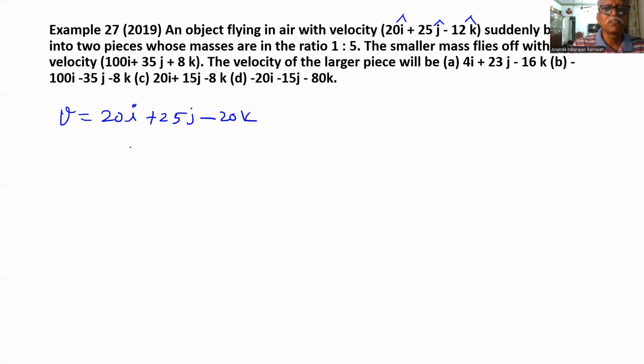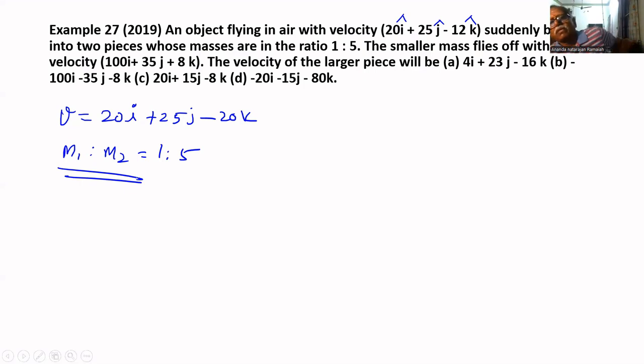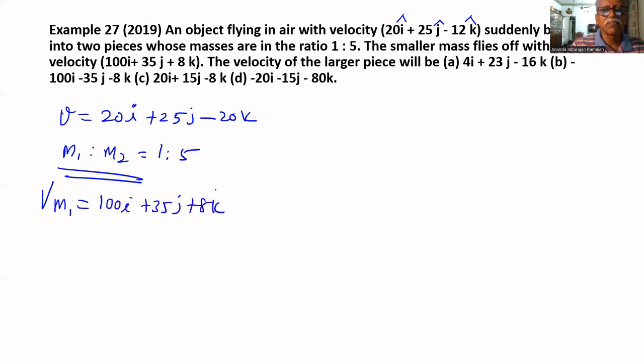The masses are in the ratio M1 to M2 equal to 1 to 5. The smaller mass M1 flies off with the velocity V1 equal to 100I plus 35J plus 8K. We have to put the cap, I am not used to it, so assume that the cap is there.